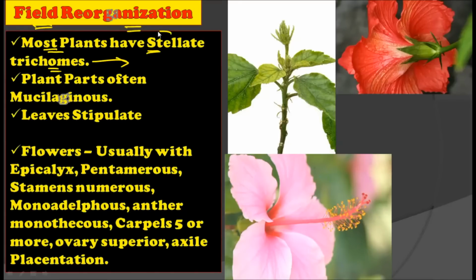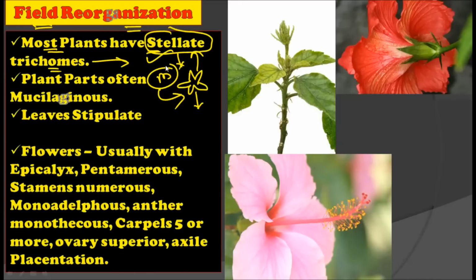Here is one type of trichome which is called stellate trichome. The stellate trichome has the shape of a star, and that is why it is called stellate trichome. Most of the plants which belong to the Malvaceae family have stellate trichomes. That is, if you find a plant which has trichomes of star shape, that means it is a stellate trichome. Then this will be the primary indication that that plant may belong to the Malvaceae family.